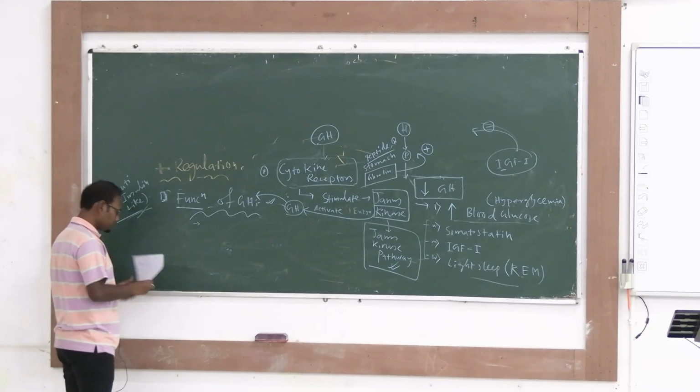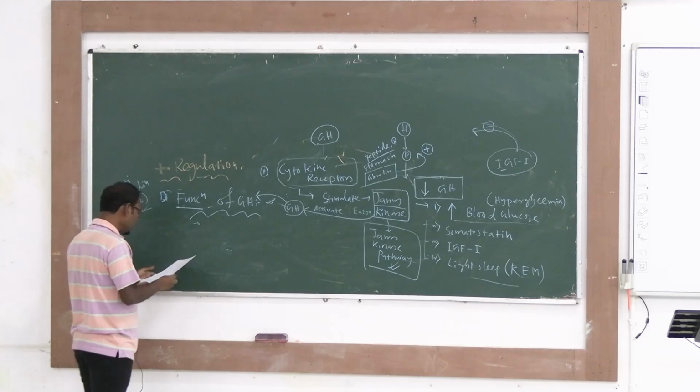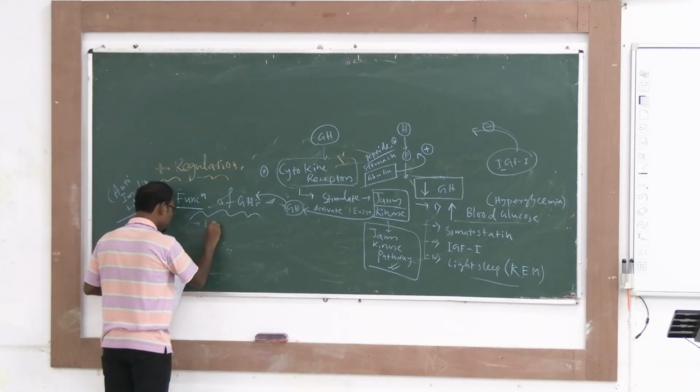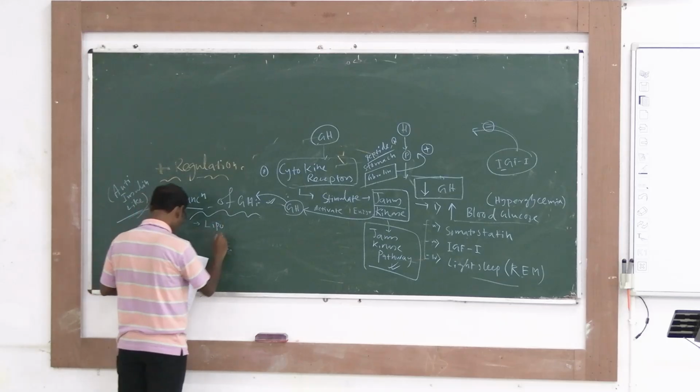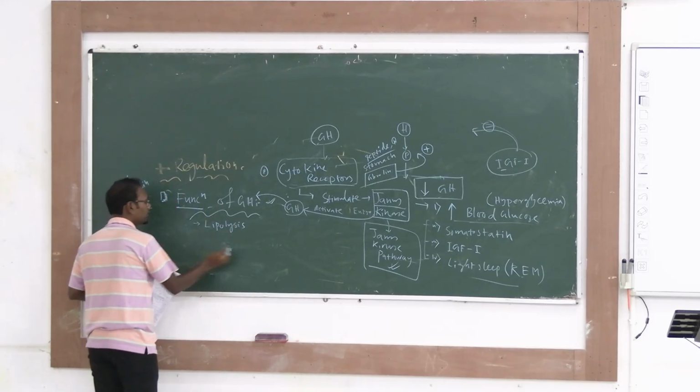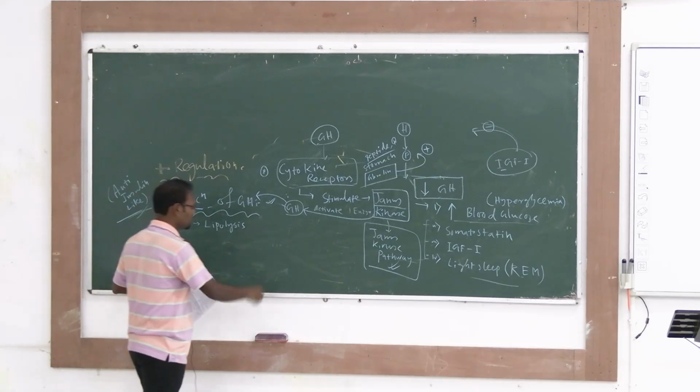So what will the anti-insulin like functions be? First is lipolysis, a direct function.